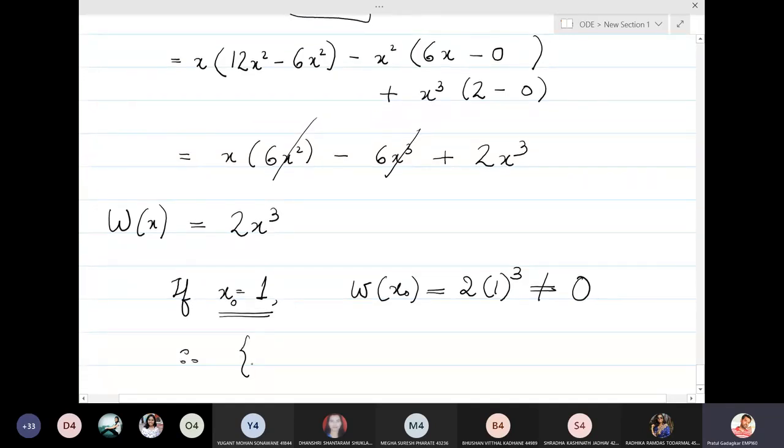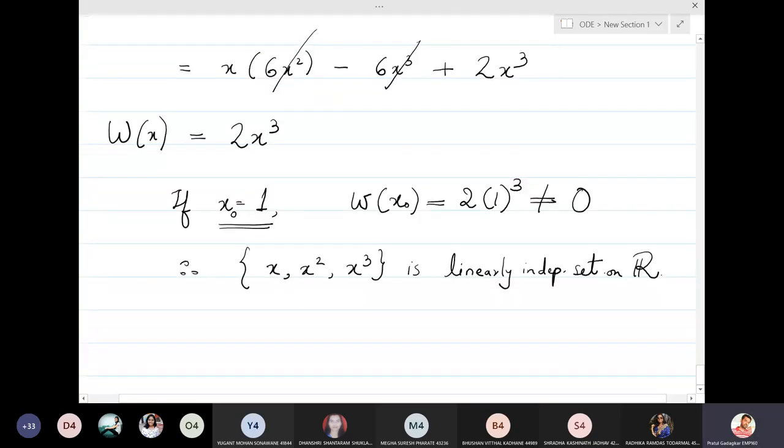Therefore the functions x square and x cube form a linearly independent set on the set of real numbers, because we could find at least one point for which the Wronskian is not equal to 0.